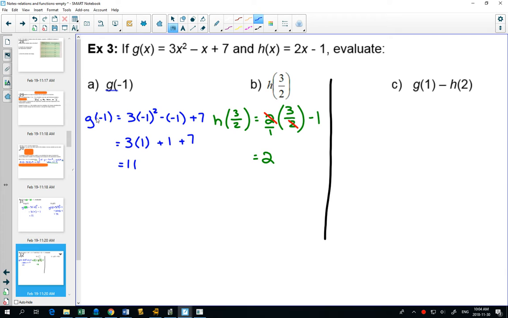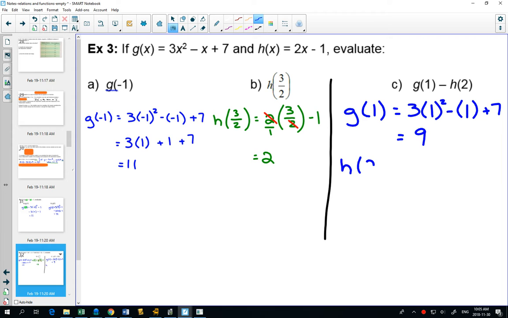For the last one, there's sort of two different ways you could do your notation. You could figure out g of 1 separately. g of 1 would be 3 times 1 squared minus 1 plus 7, which is equal to 9.